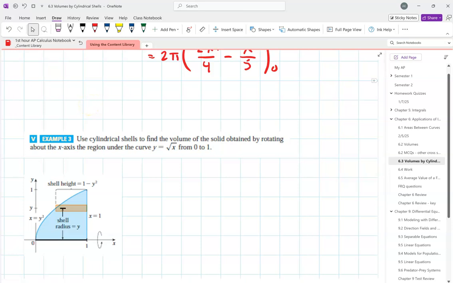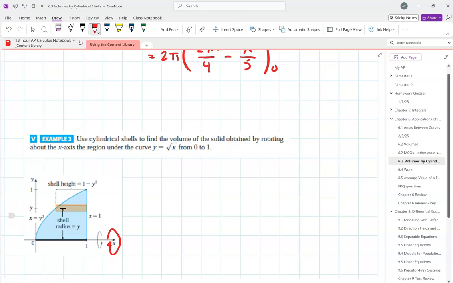Let's do another one. We probably got time to squeeze one more quick one in here. Okay. Use cylindrical shells to find the volume of the solid obtained by rotating about the x-axis, so we're going this way, the region under the curve, the square root of x from 0 to 1.